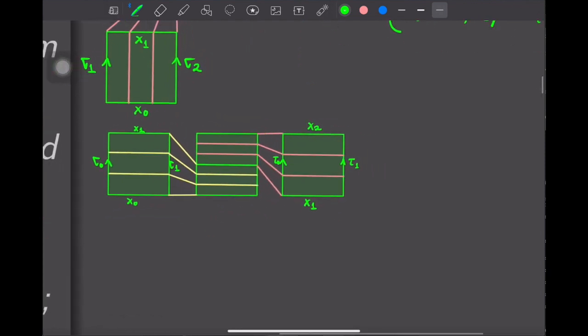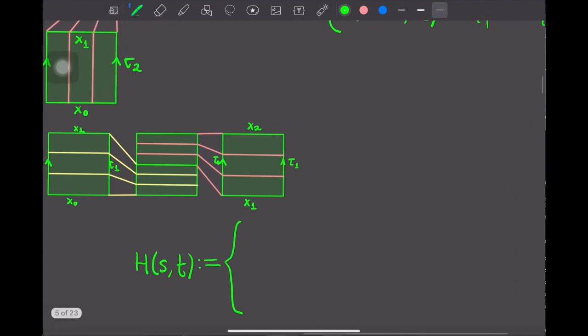So let me do it. So let's say that here again I'm assuming that there's a homotopy H1, and here I'm assuming that there's a homotopy H2, and then my H of S comma T. Recall that the first coordinate is the time during which I deform.